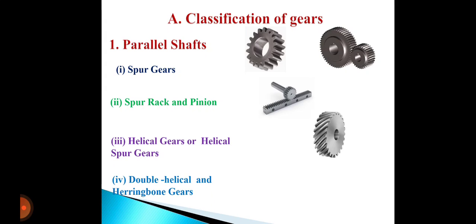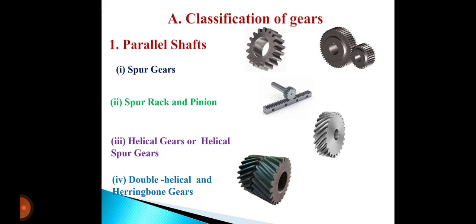Number 4, that is double helical, also called the herringbone gear, as shown in this figure. A double helical gear is equivalent to a pair of helical gears secured together, one having a right hand helix and the other a left hand helix, as shown in this figure.